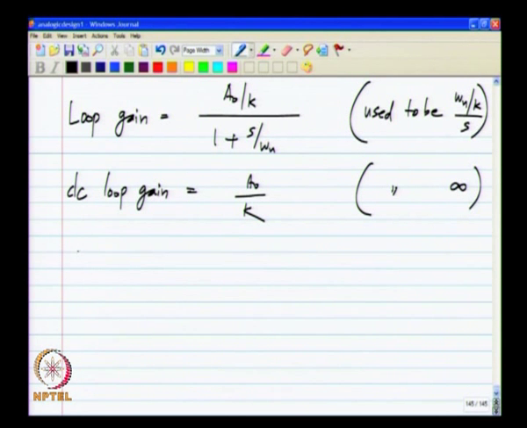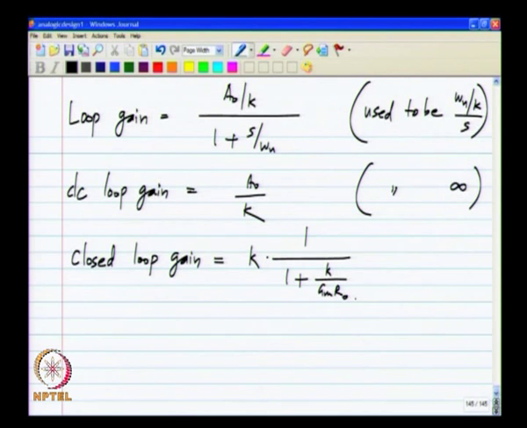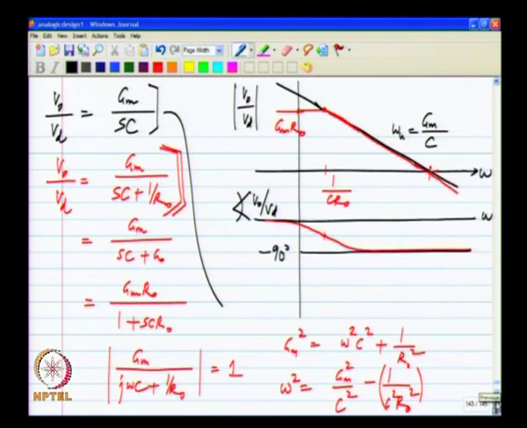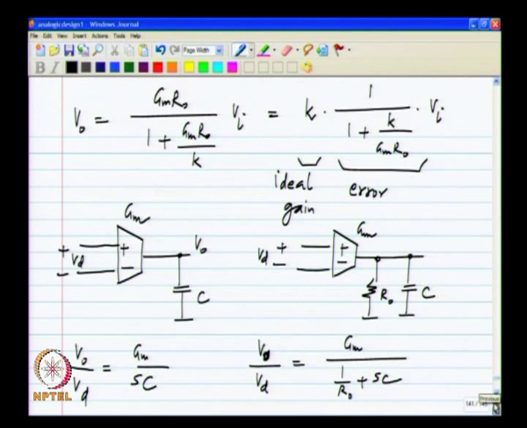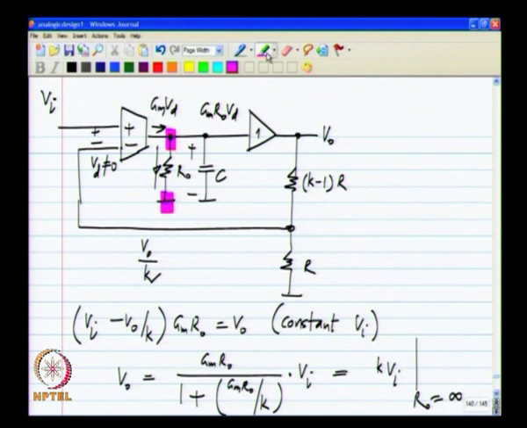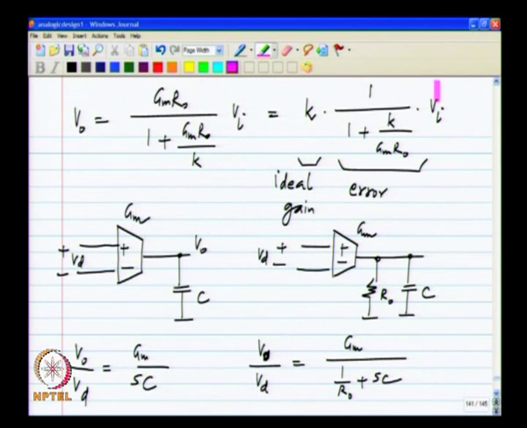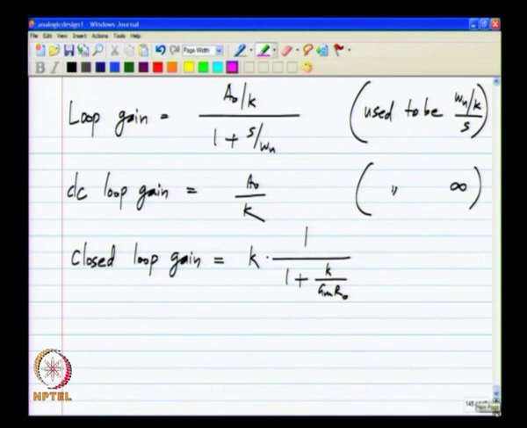And if you look at the closed loop gain, it is equal to K by 1 plus K by A naught, or not. So, let us just quickly go back and see that is what we had. So, if you see, this is the expression rearranged to get that one. So, there is an error term. So, this is what we have, and this used to be K.